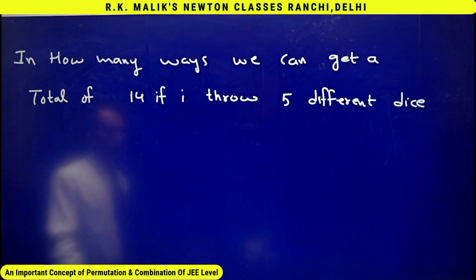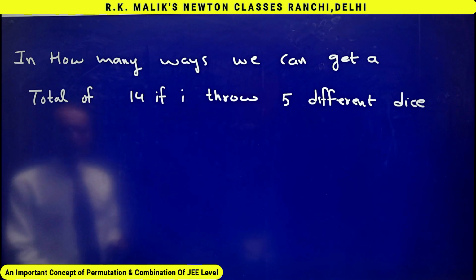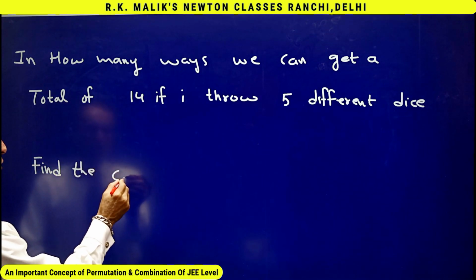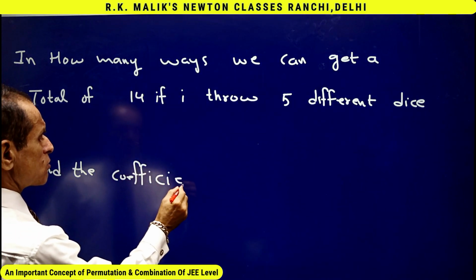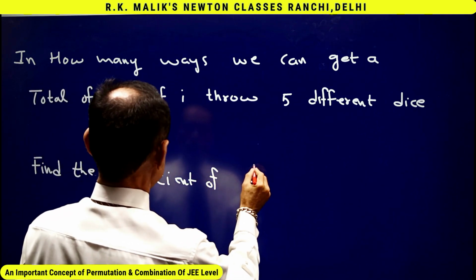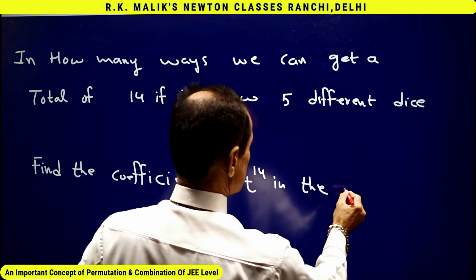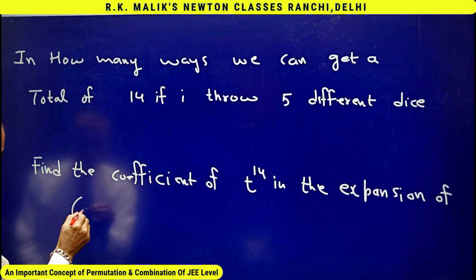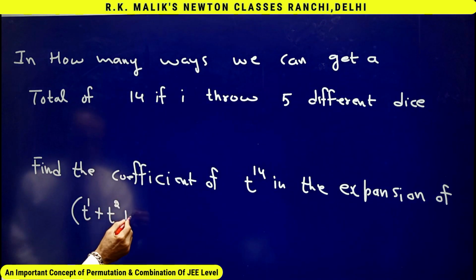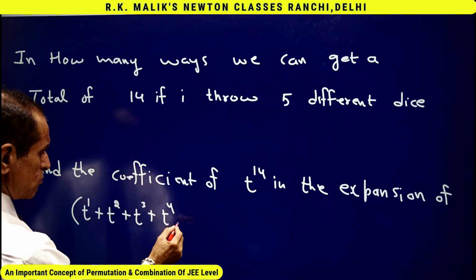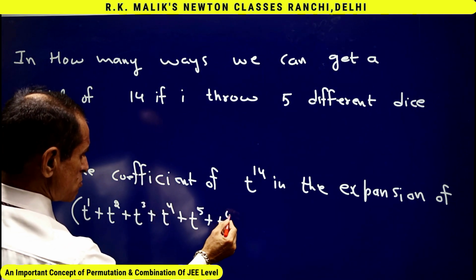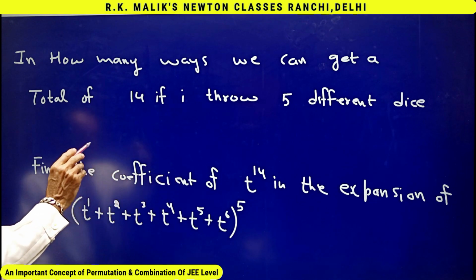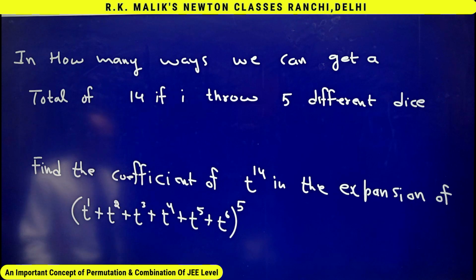Obviously, when I will be throwing 5 different dice, then to get the answer, I will have to write the expression and find the coefficient. 1, 2, 3, 4, 5, 6 have come because on the faces of die 1, 2, 3, 4, 5, 6 are there.